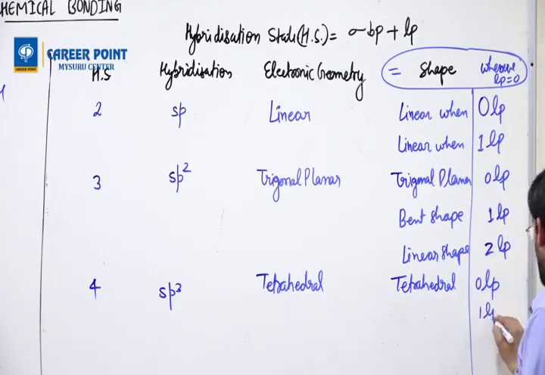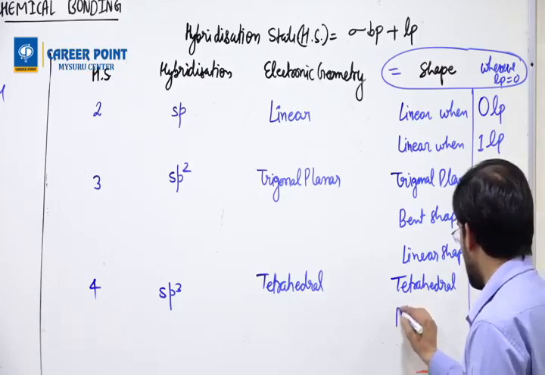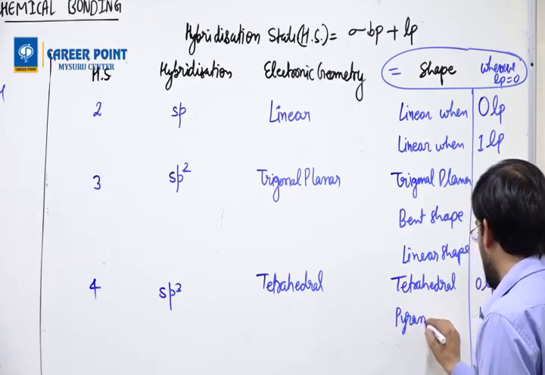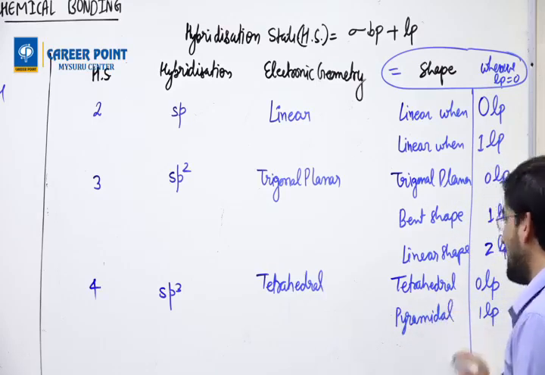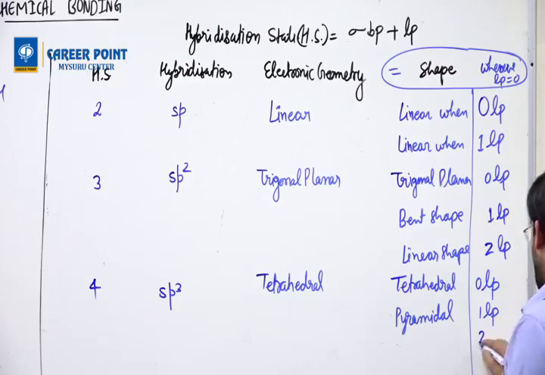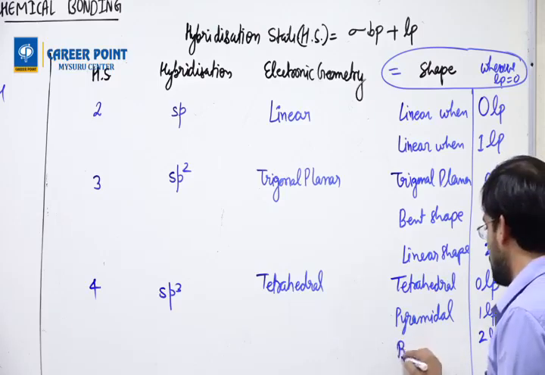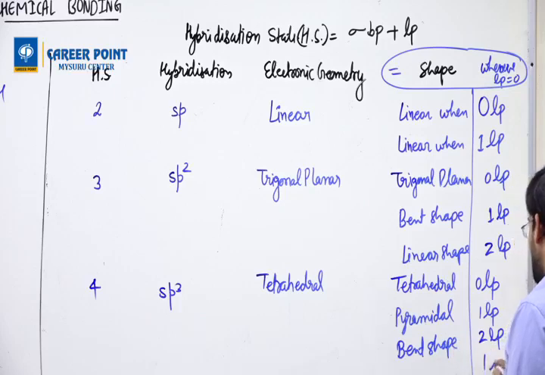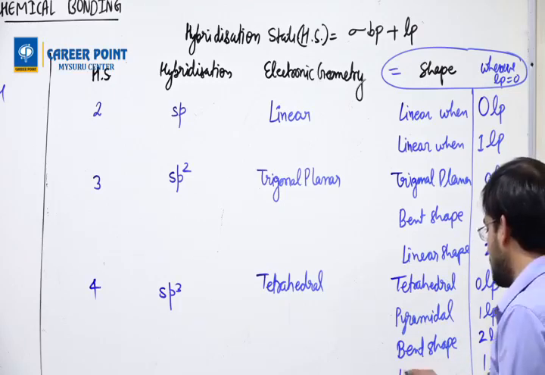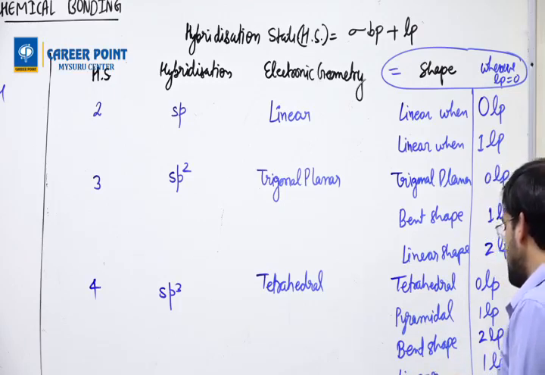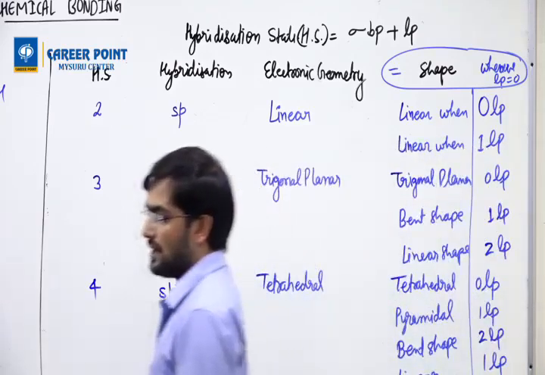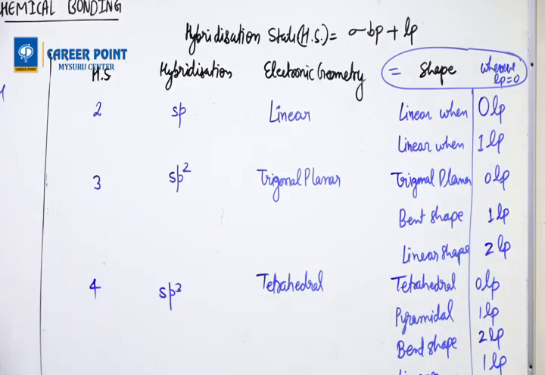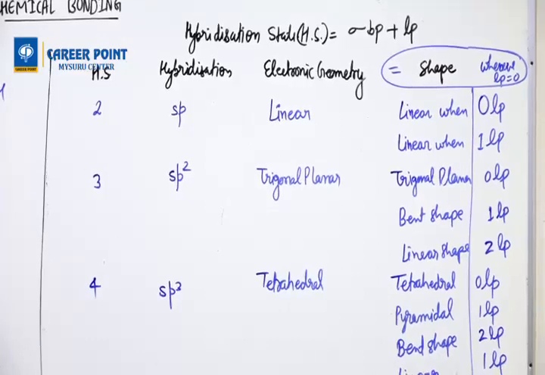If you have one lone pair, it is known as pyramidal. If you have 2 lone pairs, it is known as bent shape. And if you have 3 lone pairs, it is known as linear, till the last.